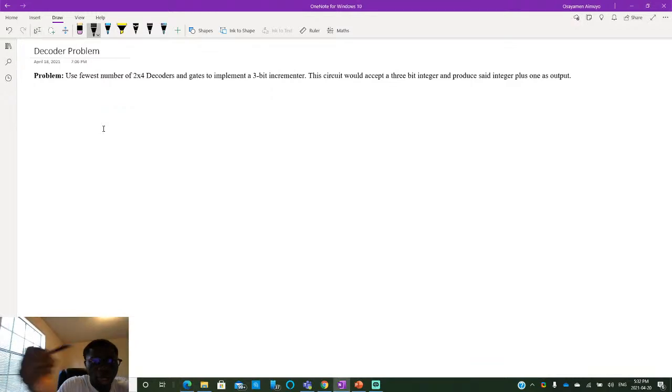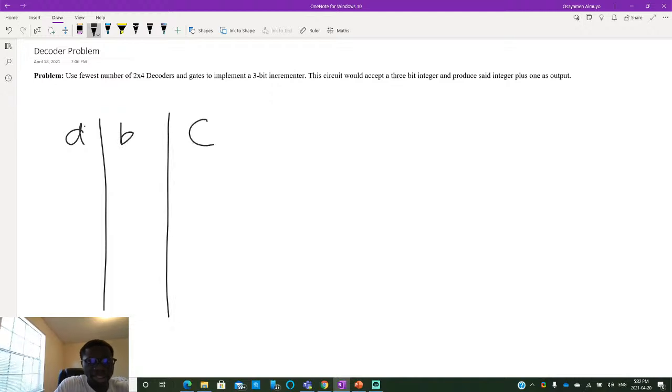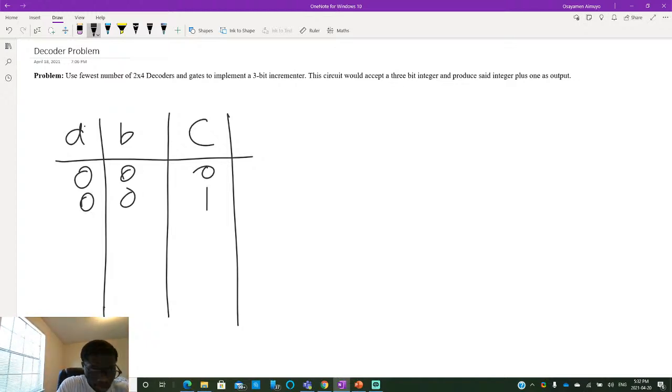So we would have 3 inputs, A, B, and C. And so we're going to have 8 possible combinations, correct? So we have this as well.